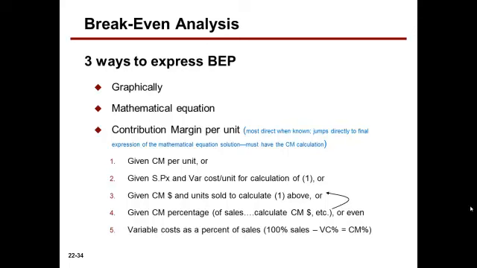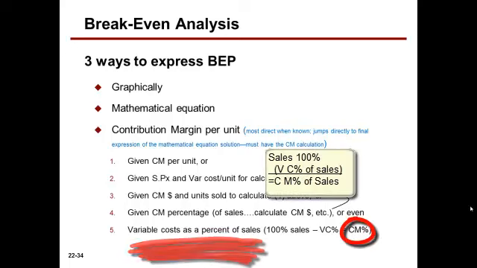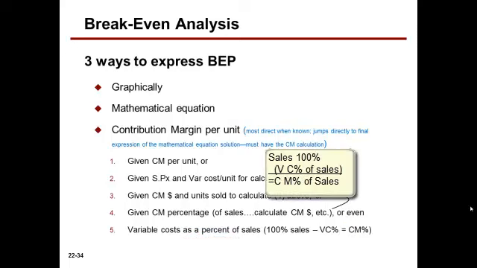Or a problem might even present variable cost as a percent of sales, which has to be converted into contribution margin as a percent of sales, which is simply done, since both the variable cost percent of sales and the contribution margin percent of sales must equal 100%.